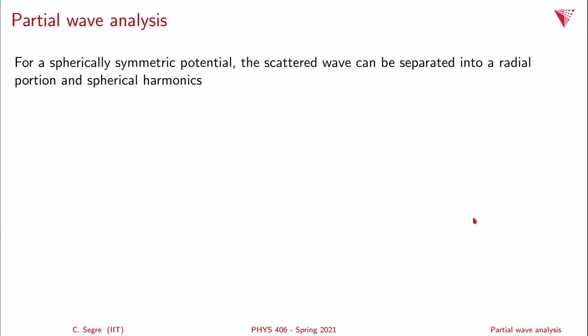So if we have a spherically symmetric potential, the scattered wave can be separated into a radial portion and spherical harmonics. So we can write our outgoing scattered wave as R(r) times the spherical harmonics Y_lm(theta, phi).